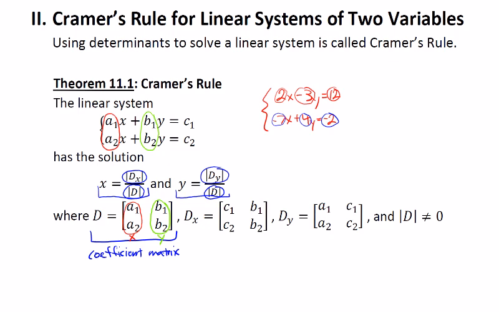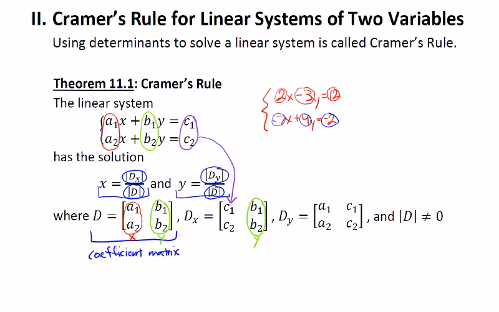So we know how to create matrix D. Matrix Dx is going to look almost identical to matrix D, except you are not going to include the x column. So what you'll notice, if you look at the y column for matrix D, the y column is copied down over here in Dx. Those are identical. But I'm going to be taking c1, c2, and I'm going to be inputting those where the x column would normally be.